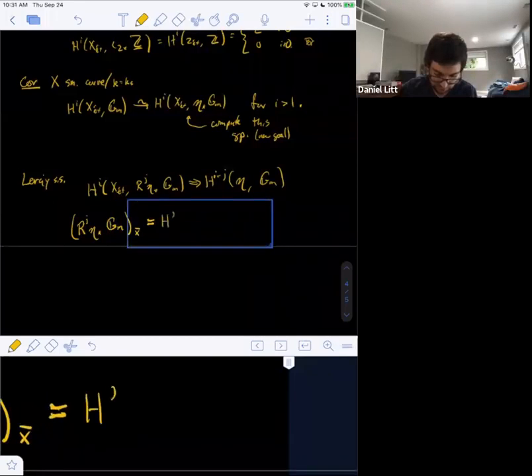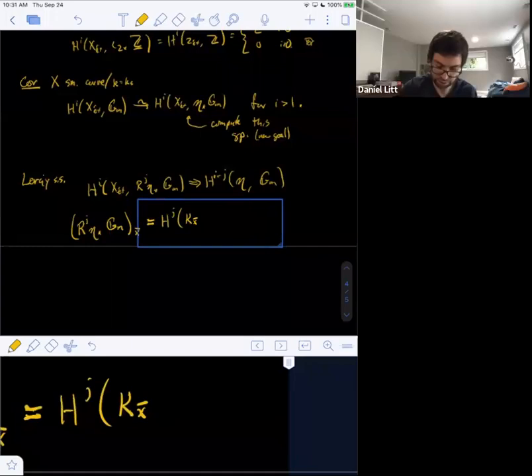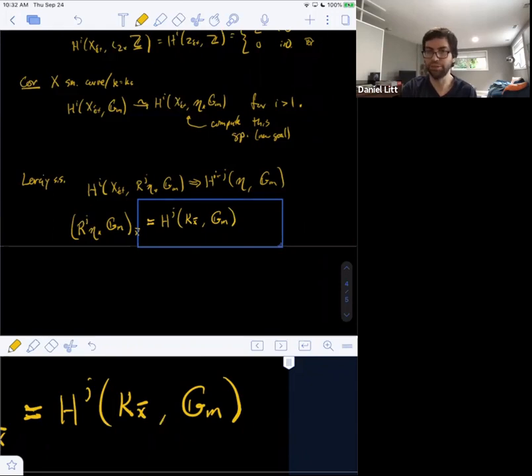So this is H^j of the Galois homology of what field? It's the strict henselization, the strictly Henselian field of X at x bar, with coefficients in G_m. Right? Does everyone agree with this? So this was the exercise claim that I gave right before we started talking about the Weil-Divisor exact sequence.